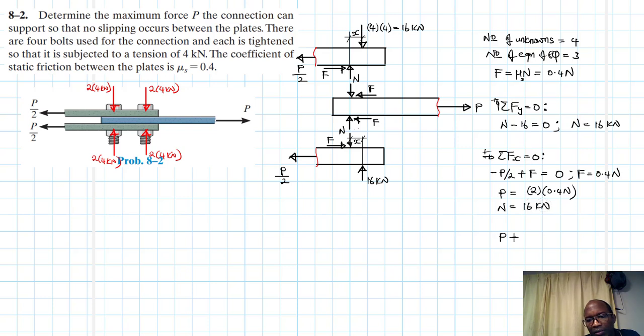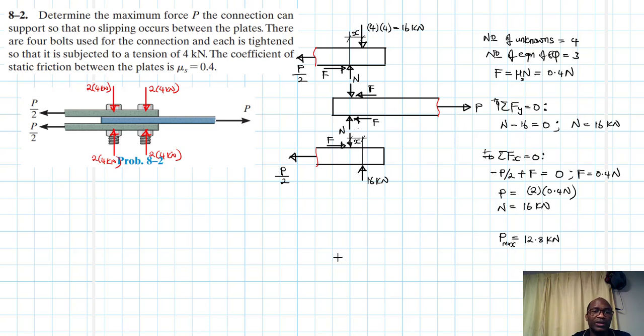Therefore P will just be equal to 2 times 0.4 times 16, so this gives us 12.8 kilonewtons.